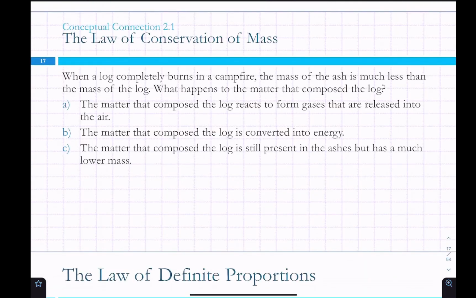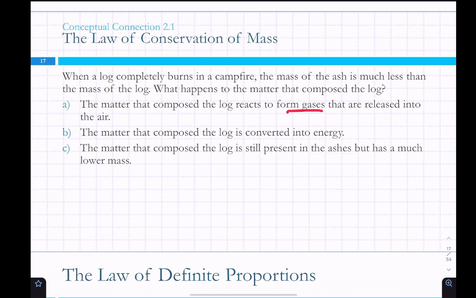So if a log completely burns in a campfire, the mass of the ash is much less than the mass of the log. So what happens to the matter that composed the log? Was the matter that composed the log converted into energy? Was it present in the ashes but has a lower mass?